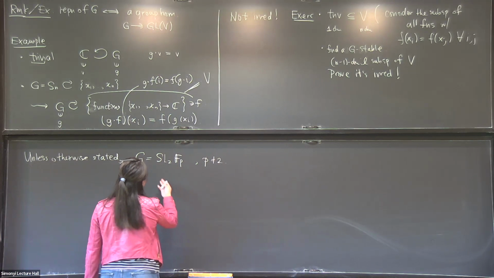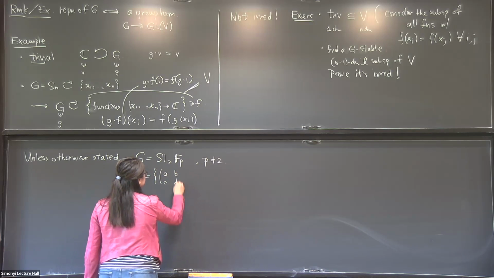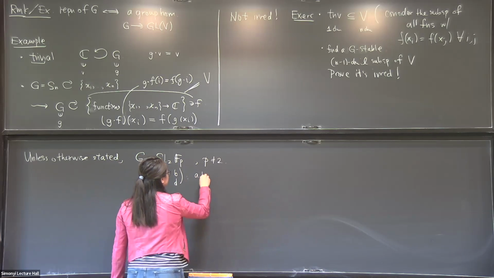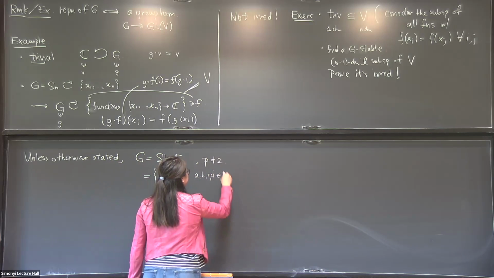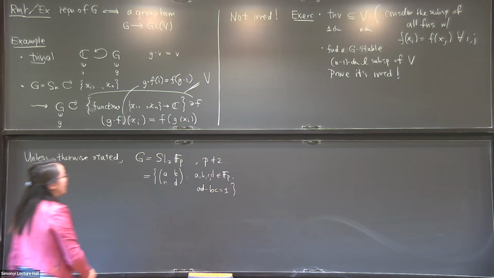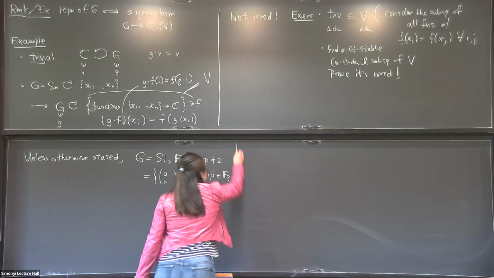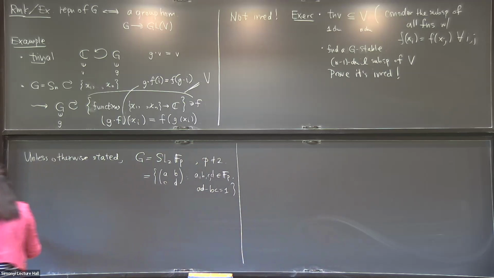And this just consists of all matrices that look like this, where a, b, c, d are in Fp, and ad minus bc is equal to 1. So all determinant 1 matrices with coefficients in Fp. This thing is a finite group. And if you now calculate the order of this group, it will be relevant later. So do that. I will ask someone to tell me what the order of this group is.